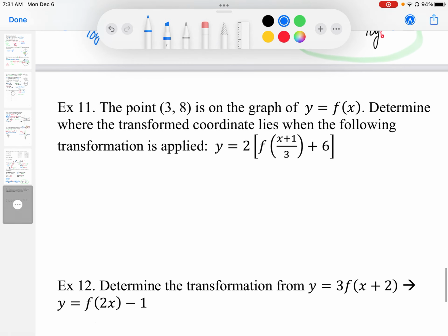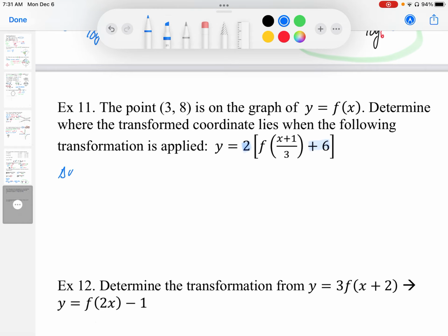Okay, taking a look at example 11, we have a transformation occurring here, and we want to transform the xy coordinate from the original f of x into this one. So we're going to first of all split off our x transformation or y transformation. We're going to start with the y. Everything on the outside is our change in y.